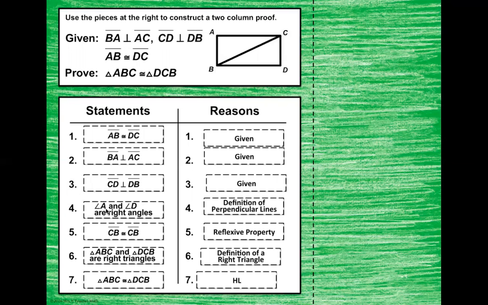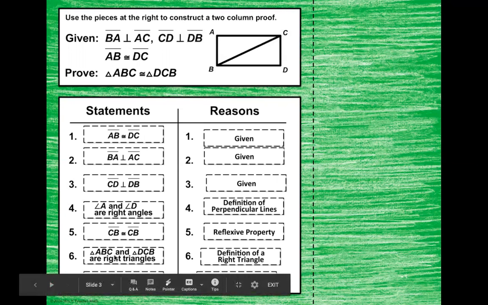So for example, as long as you say that A and D are right angles before you say that these are right triangles, it doesn't matter if you put CB and CB in the middle or up here on line 4 or down here on line 6. As long as A and D are right angles comes before the statement about being right triangles, then it's fine.